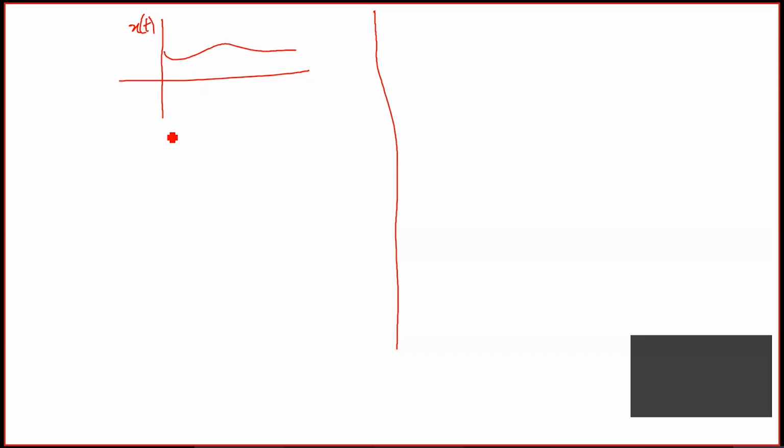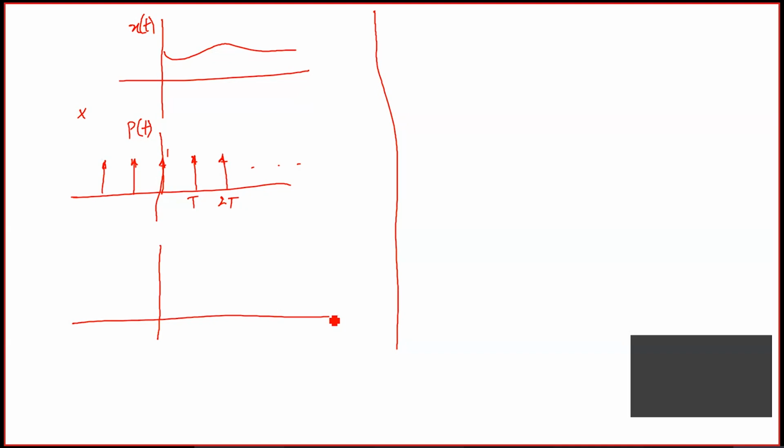And this x(t) will get multiplied by p(t), which is your set of impulses going on and on, having value 1, located at T, 2T and so on. So in time domain for impulse sampling, we just multiply these two signals together and get your impulse sampled signal.